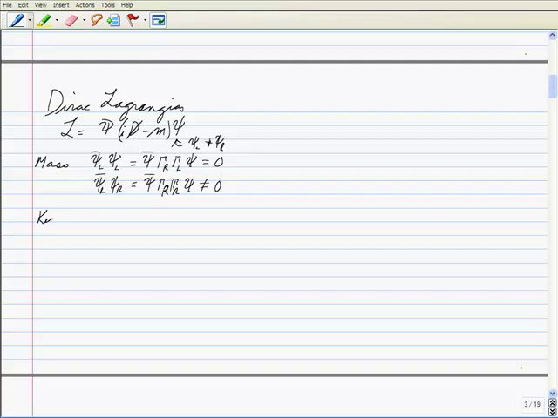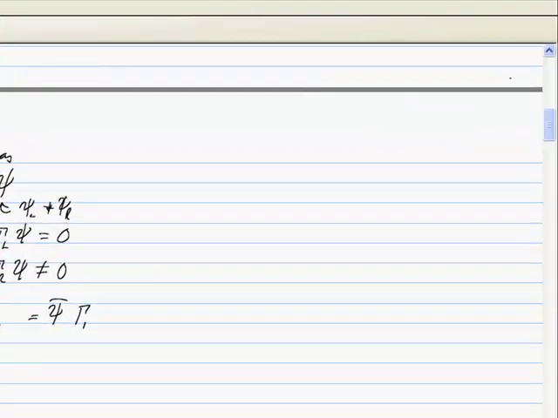Likewise, the kinetic term: if I have psi bar left i d slash psi left, that's psi bar gamma right i d slash gamma left psi.